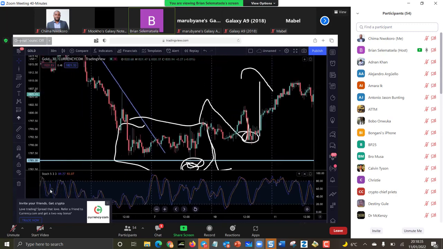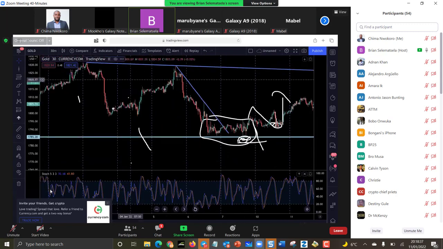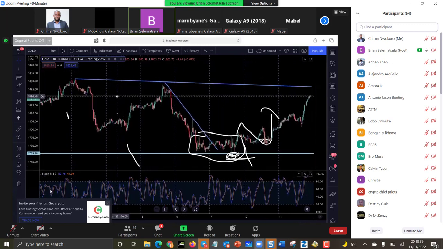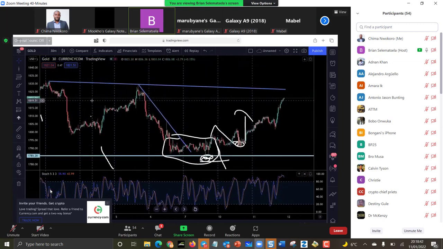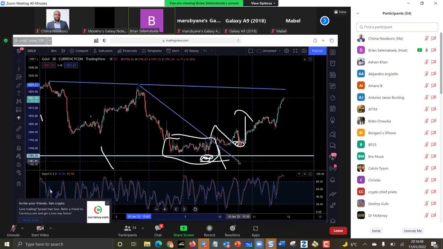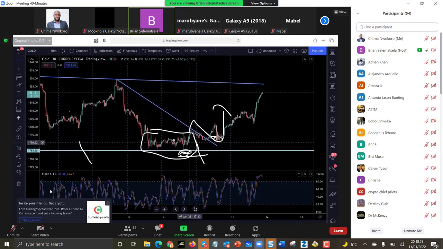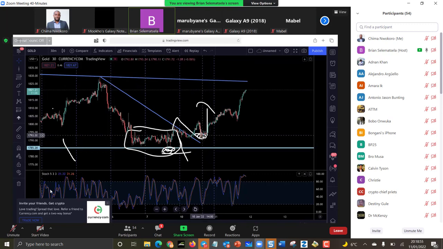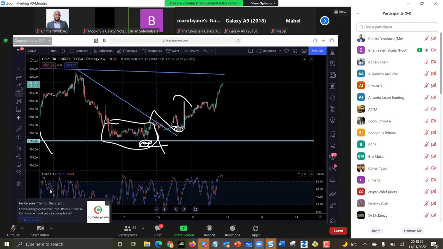So I analyzed this gold with you guys. And from there, I think this line was supposed to extend until here. And from there, we saw an opportunity to buy here. Yeah, I think it was here.